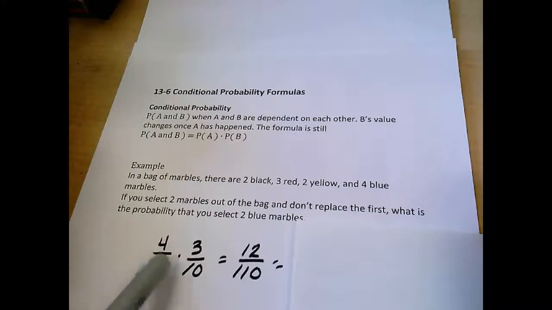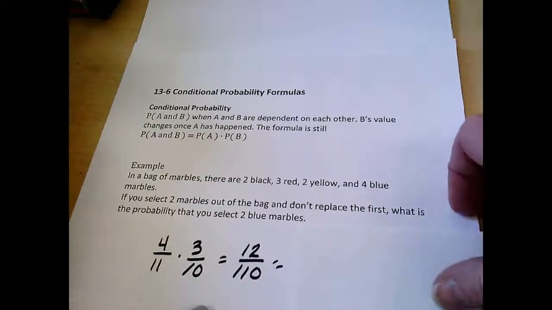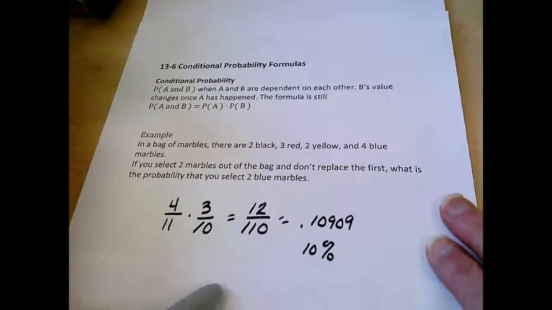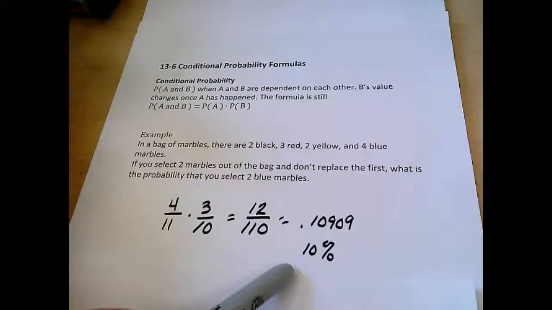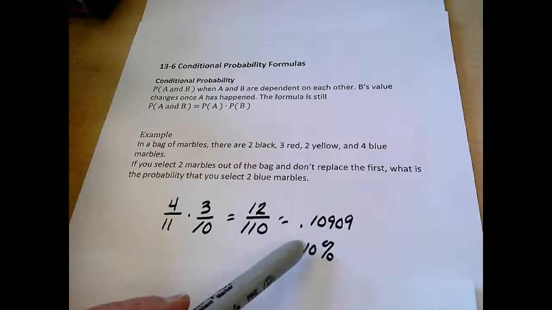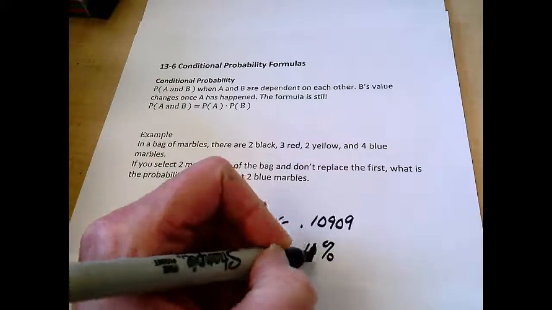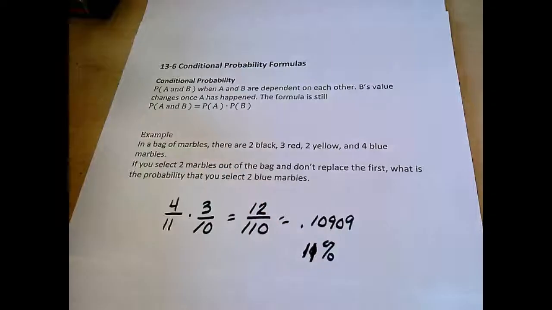If you want to simplify that first, you could, but since we're using a calculator to find the percent, we can just go through and multiply them straight. So we have 0.10909, which is 11% when rounded. Not quite sure why I wrote 10%. That would be 11%.